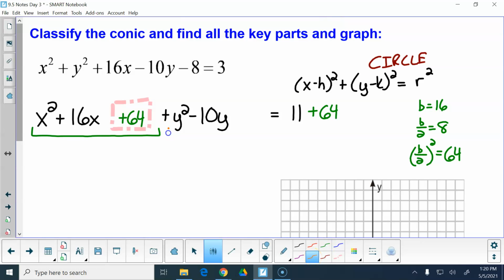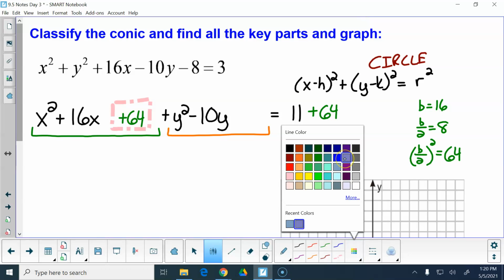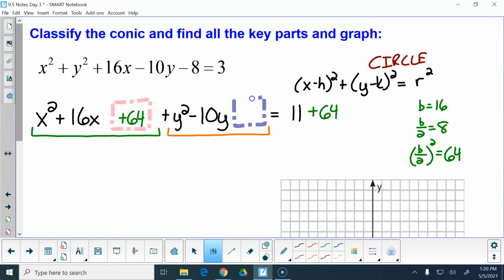Then I go to my y's. My b is now -10. Divided by 2. Square it.